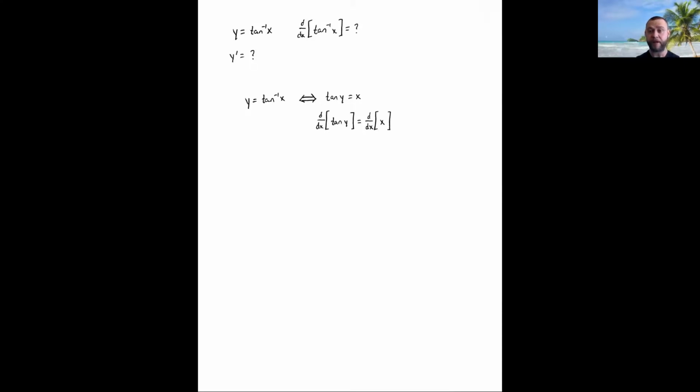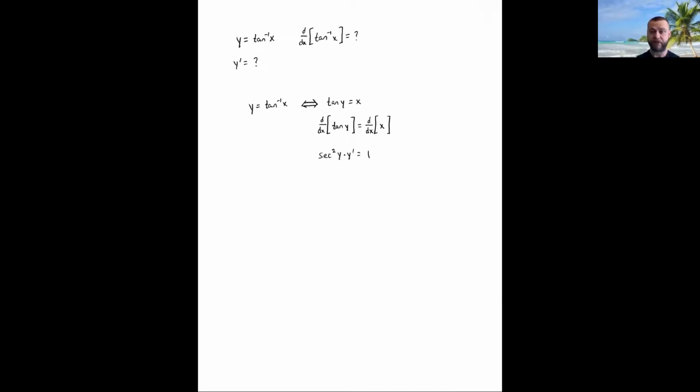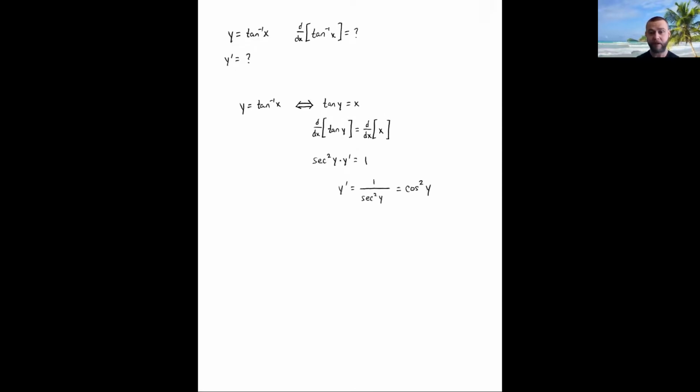We can differentiate both sides with respect to x, recalling that the derivative of tangent is secant squared. Since there's a y in it, we get secant squared of y through implicit differentiation, multiplying by y prime at the end. Like before, we can easily solve for y prime by dividing by secant squared.